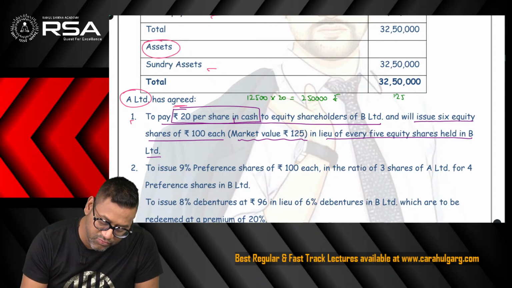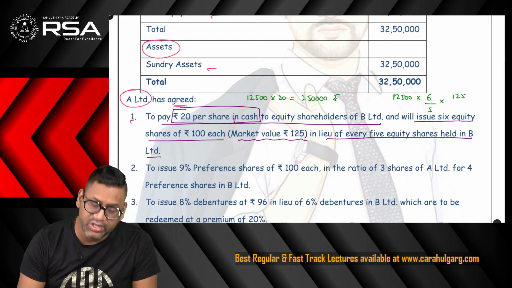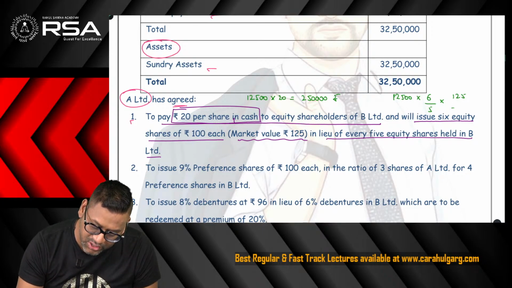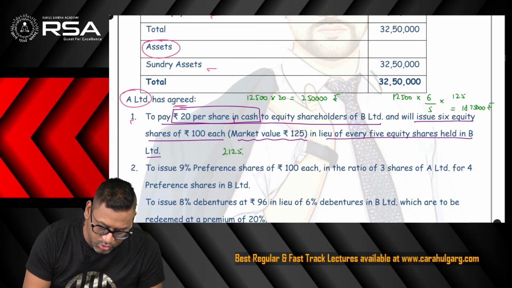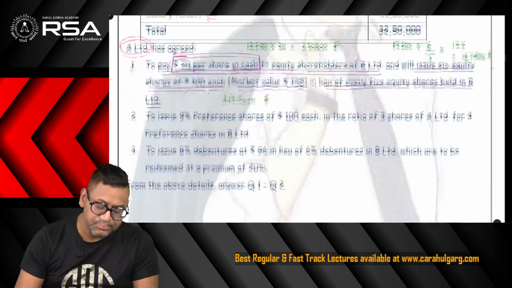So 12,500 are your shares, we are going to give you 6 for every 5 held, and the rate is rupee 125. So 12,500 into 6 by 5 into 125 gives me 18,75,000 rupee. If I club these two, the total comes out to 21,25,000 rupees. So this is the PC for the equity shareholder.